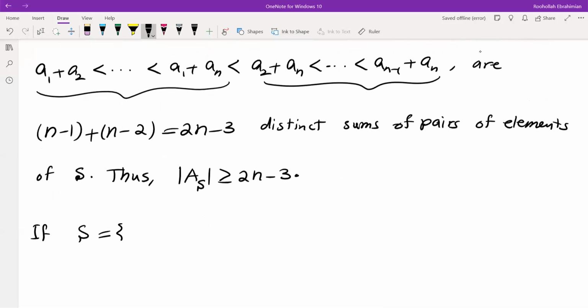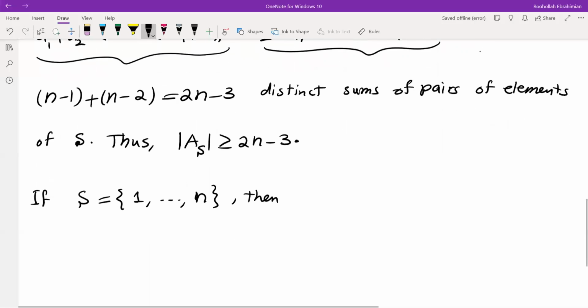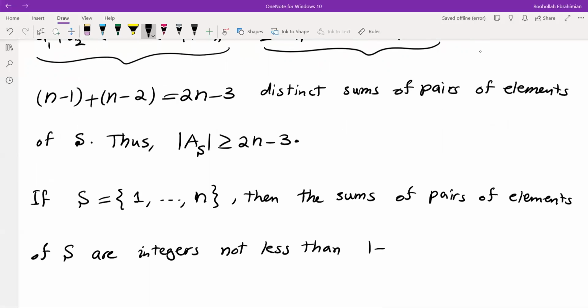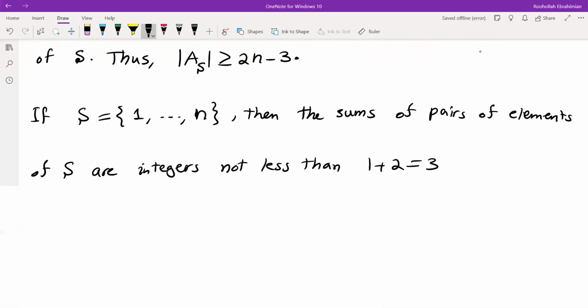If S is equal to 1 through n, then the sums of pairs of elements of S are integers not less than 1 plus 2 that do not exceed n minus 1 plus n.